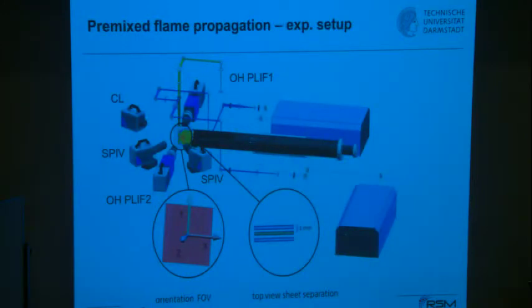And that was first demonstrated in an experiment where we used a large tube that was something like 2.5 meters long, 160 millimeters in diameter, operated with premixed methane air that was constantly flowing.